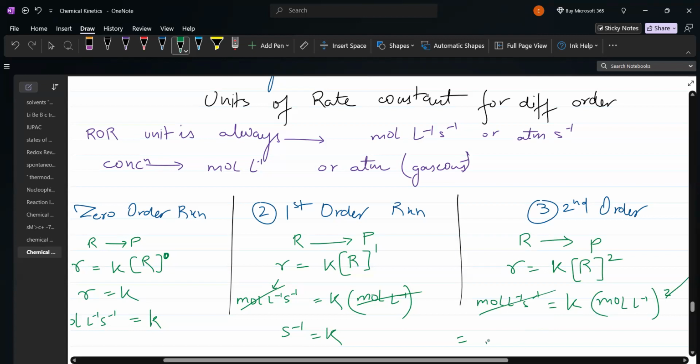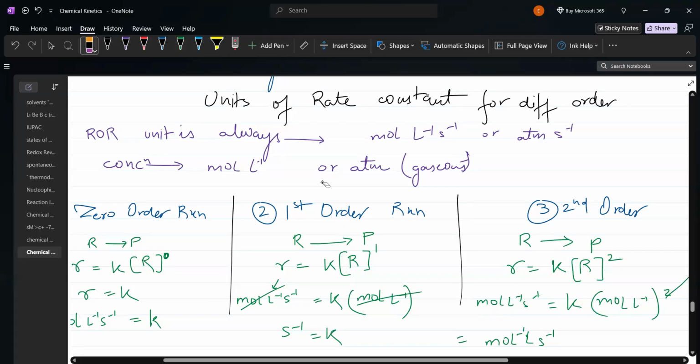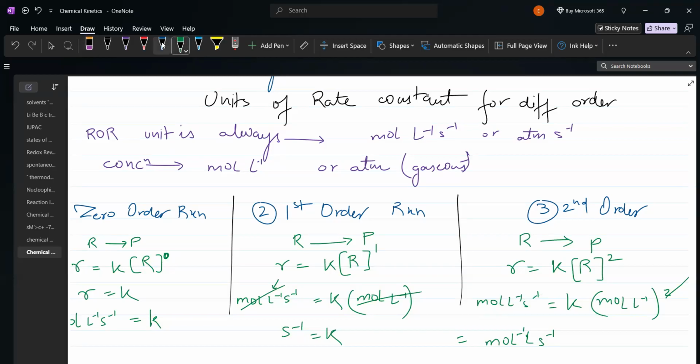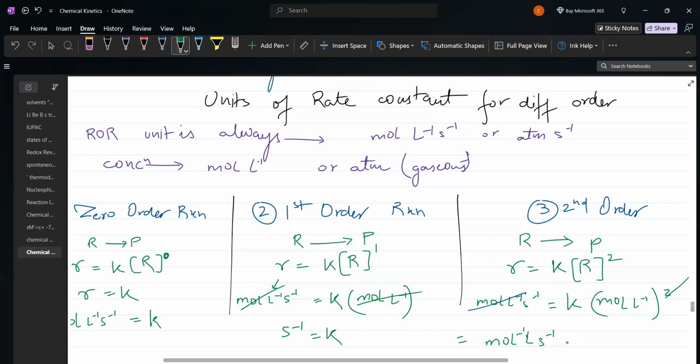So mole will also come in the bottom side, then we have mole inverse, then liter, and then second inverse. This is cancelling only this part, right? So we will get this. Understood, everybody?